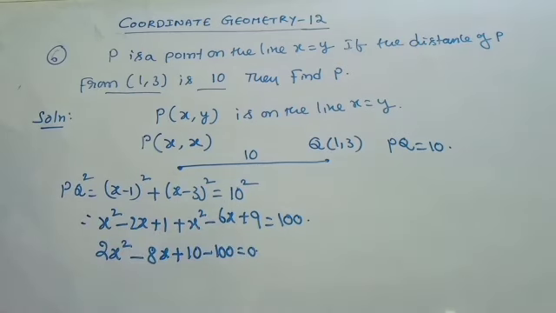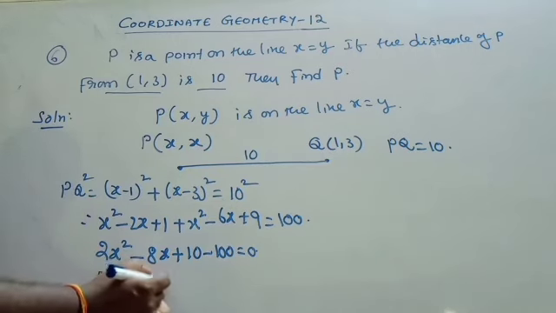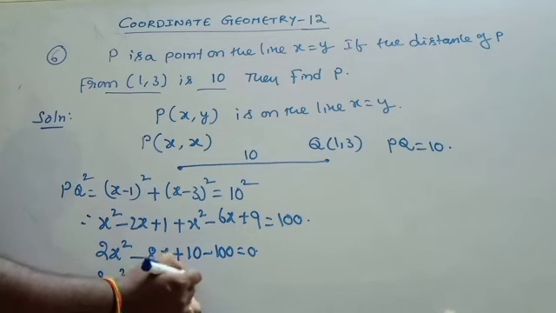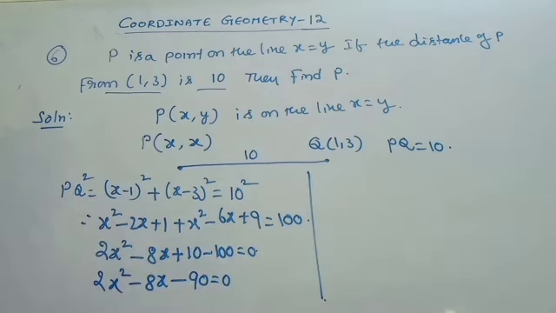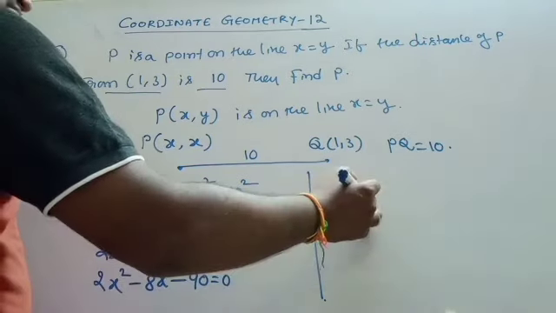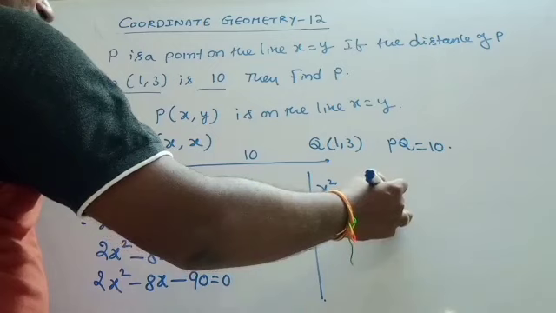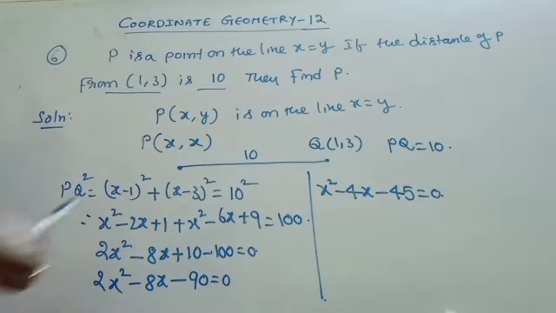Right, this is now 2x square minus 8x minus 90 equal to 0. Now here you have x square minus 4x minus 45 equal to 0, because we have taken 2 outside and transferred that.